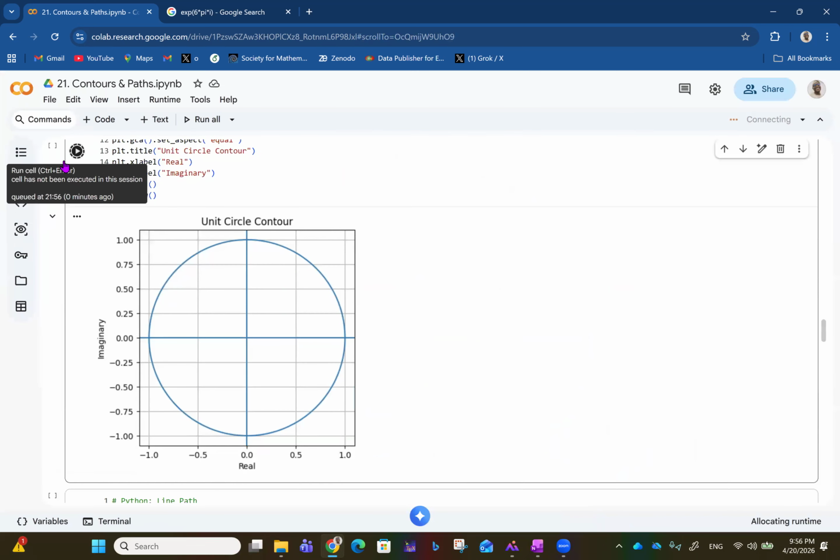The integral becomes the integral from 0 to 2 pi. Don't forget that we have that 0 to 2 pi here already. Then 1 over z is e raised to the power minus it times dz, which is i e raised to the power it dt.